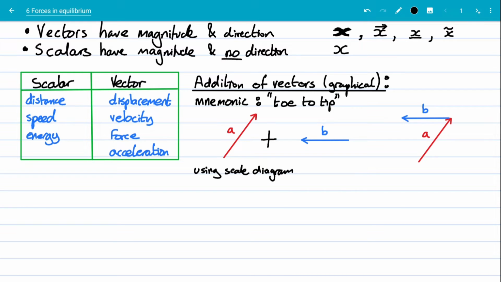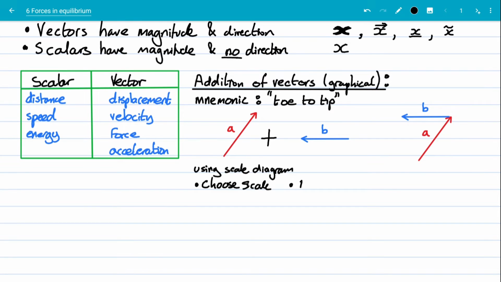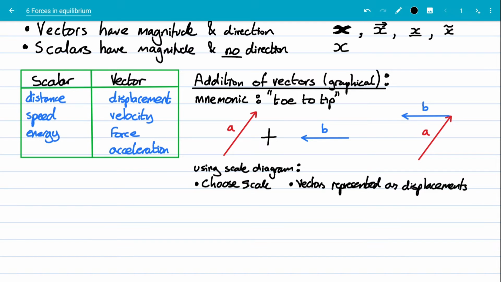We have to choose our scale, and then the vectors are represented as displacements. And because I'm limited to two-dimensional paper, I'm representing them as two-dimensional vectors in a plane.